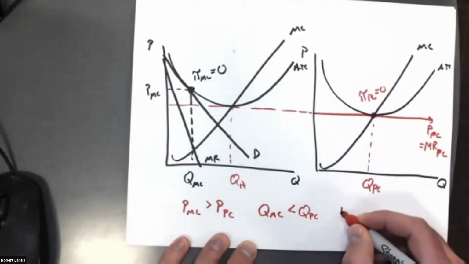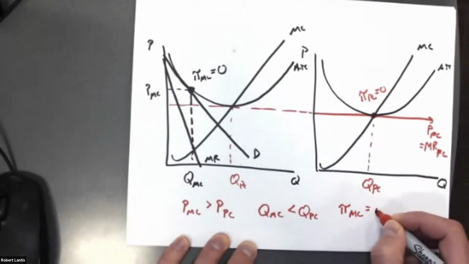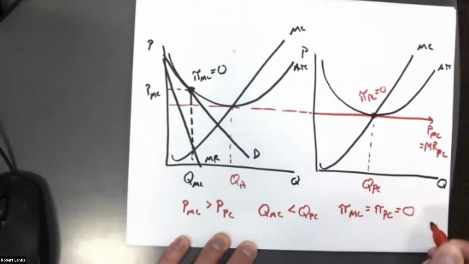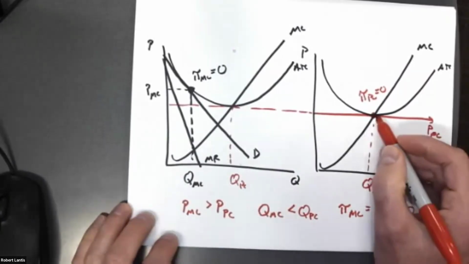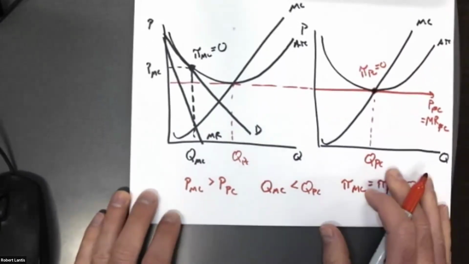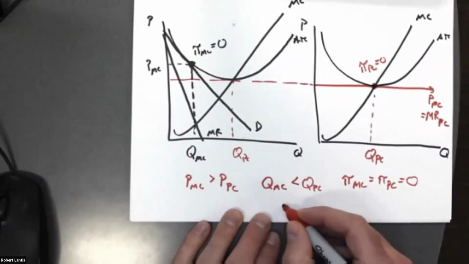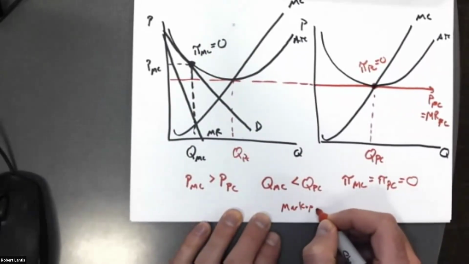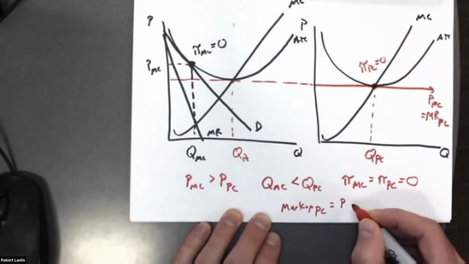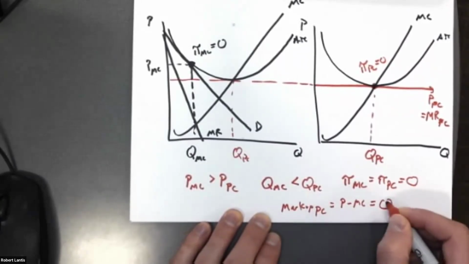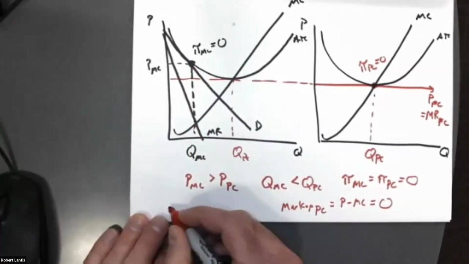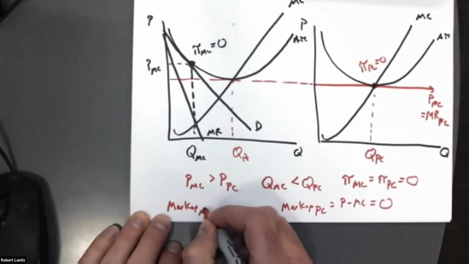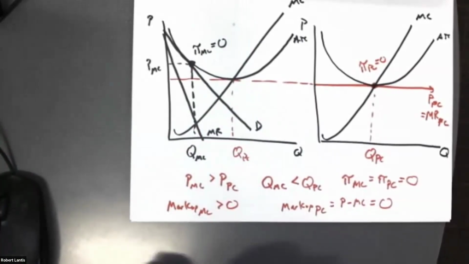This is maybe counterintuitive, where the profits in the long run of both firms in these different types of markets would be equal to zero. And then here, price is exactly equal to marginal cost. So if I wanted to think about what the markup is for a perfectly competitive firm, price minus marginal cost, if they're the same thing, should be zero. Now here, price will definitely be above marginal cost. So the markup for a monopolistically competitive market will still be some positive value.